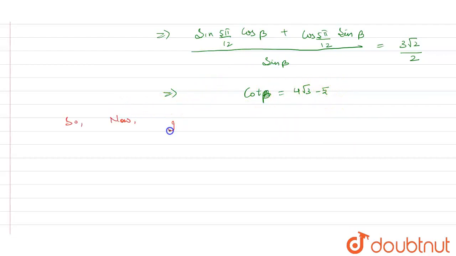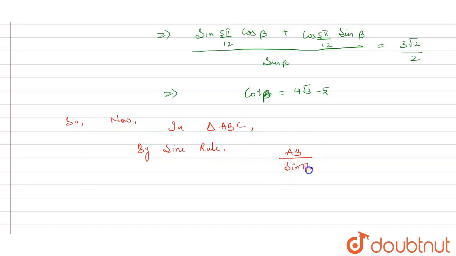So now in triangle ABC, if we apply the sine rule here, by sine rule we will be getting AB upon sin pi by 6 is equal to AC upon sin pi by 4.